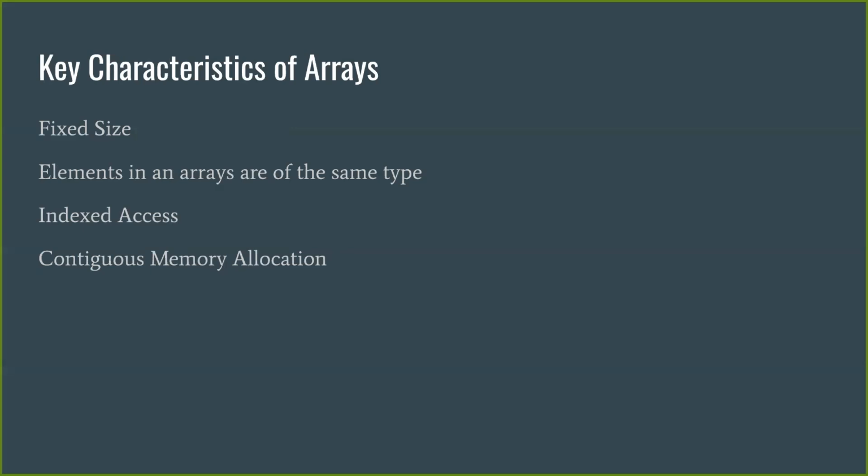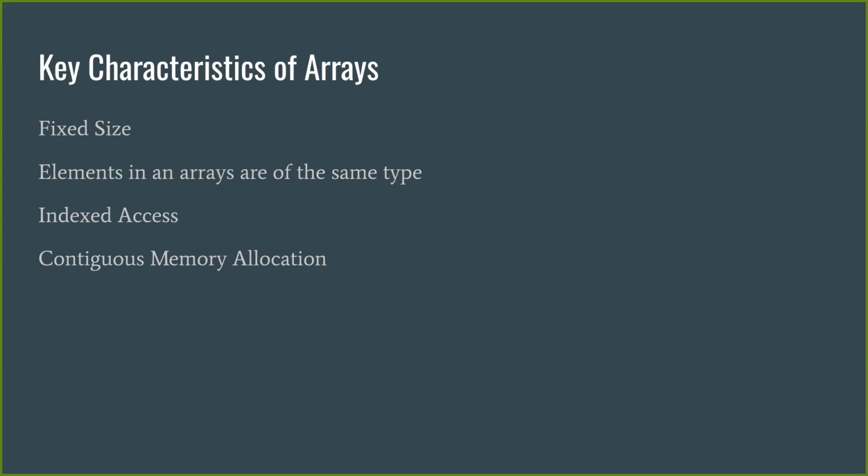So there are four key characteristics. First is fixed size. Second is the elements in an array are of the same type, which means the elements are homogeneous. Third is indexed access. Fourth is contiguous memory allocation.